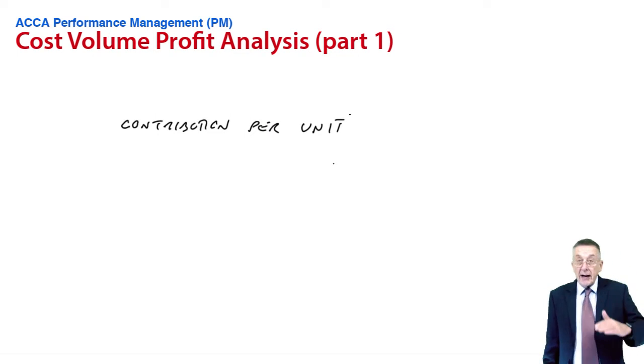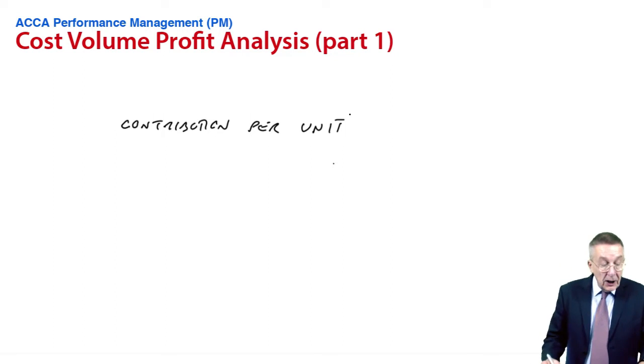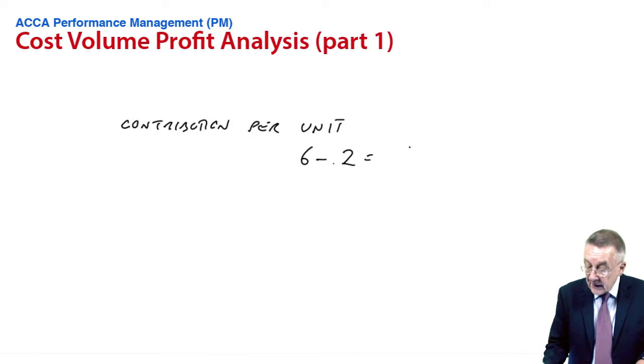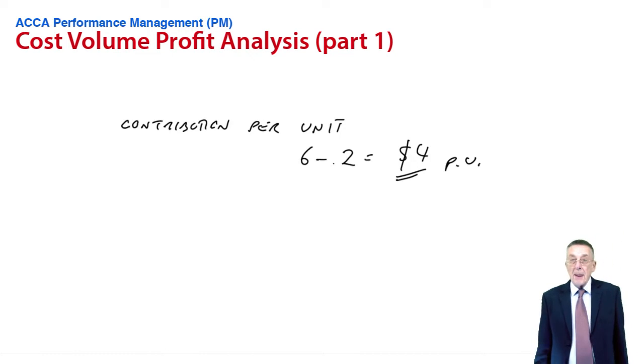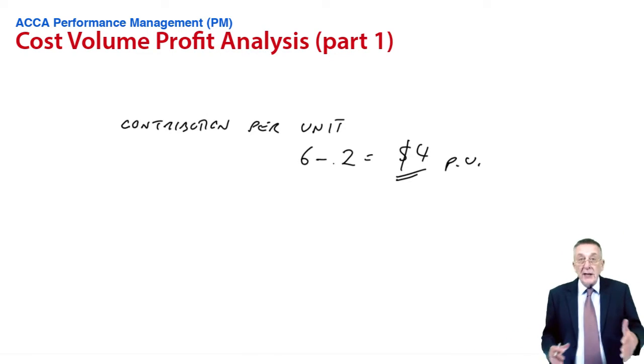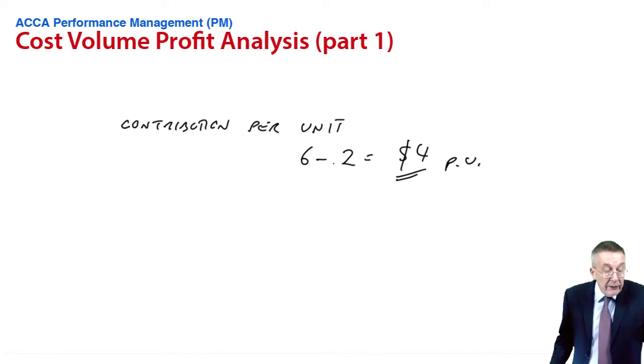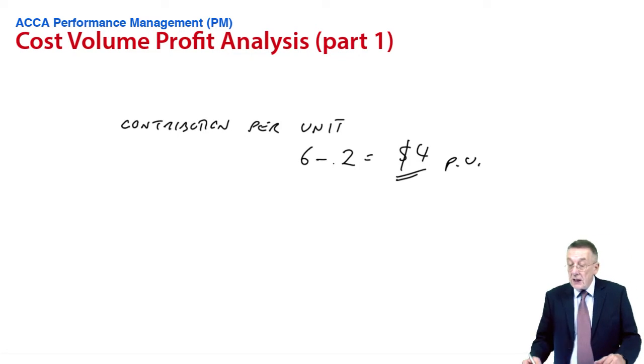The sales less the variable costs. So here, selling price is $6, the variable costs are $2, so there's a contribution of $4 per unit. And so however many units we sell will generate $4 a unit, and of course however many units we sell, the fixed costs are $1,000 a year.